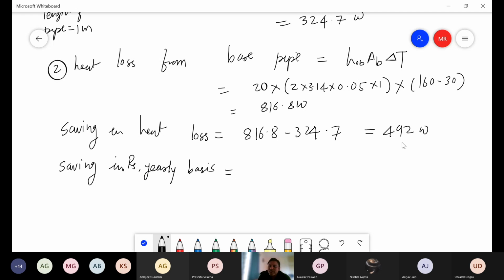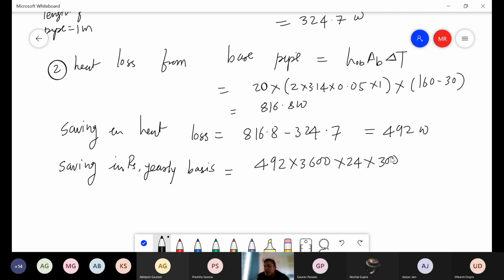Now this 492 we have obtained per second. We first have to convert it to a yearly basis. So 492 into 3600, the number of seconds in an hour, multiplied by 24 hours, multiplied by 300 working days.